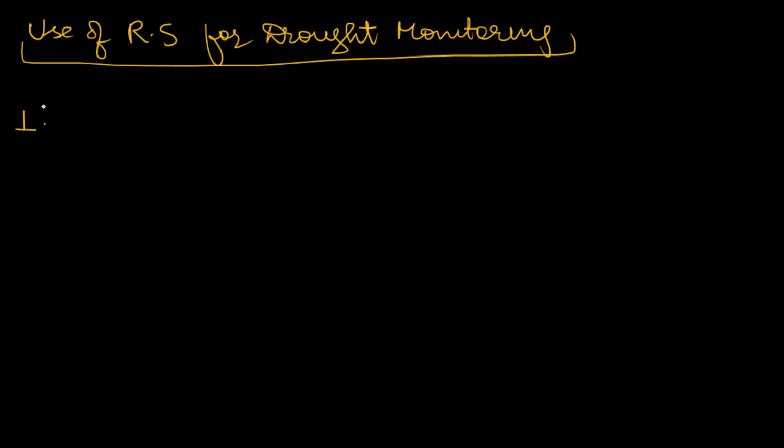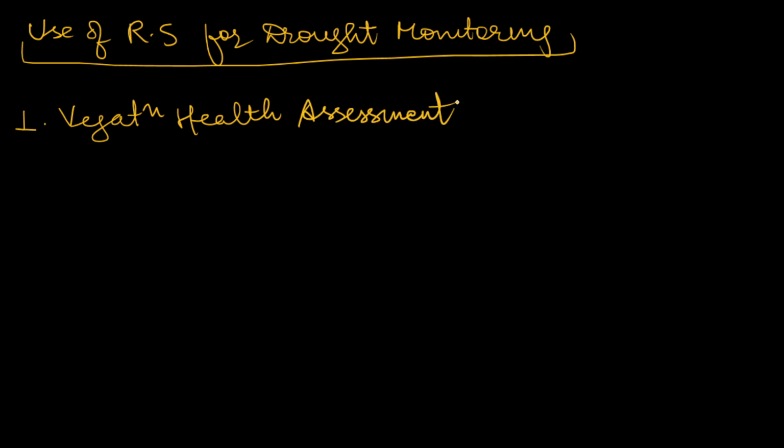Through the use of remote sensing, we can do vegetation health assessment. Here we can use NDVI. I hope you have heard about NDVI, the normalized difference vegetation index, and I have discussed all these things in detail in my static videos.